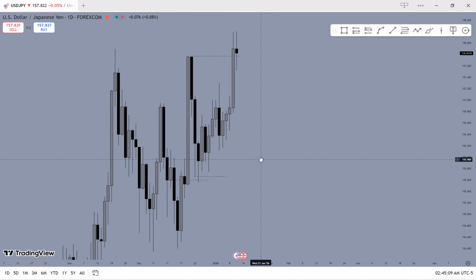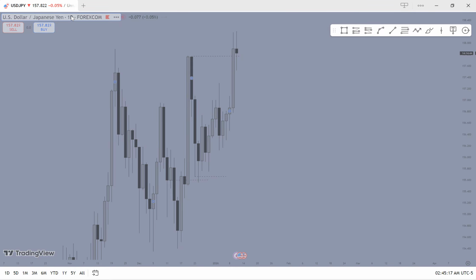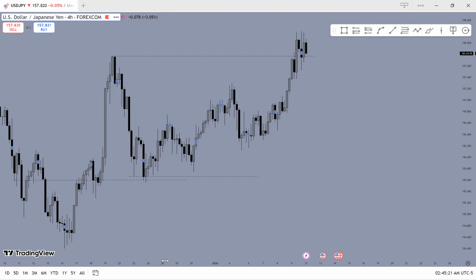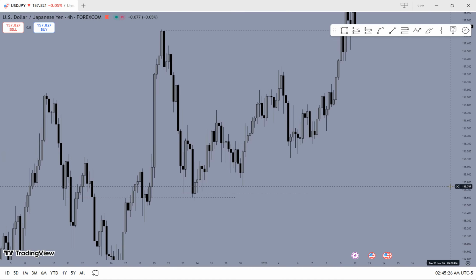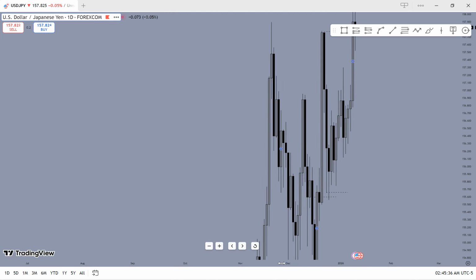So this is the daily time frame. Let's go to 4 hours first. On our daily time frame, we already had our bias; we knew where the market was going. So I did not enter right here.